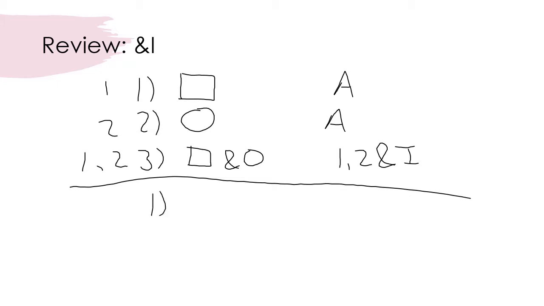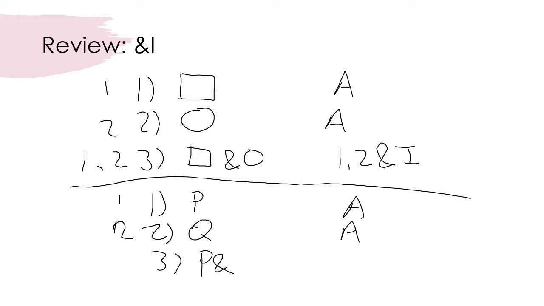So say if I had P and Q as assumptions, then I could write P and Q, 1 and 2, ampersand in, just like that. I could also write this equally as well. So that is our ampersand in rule.